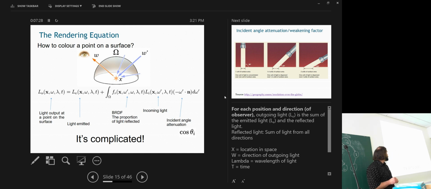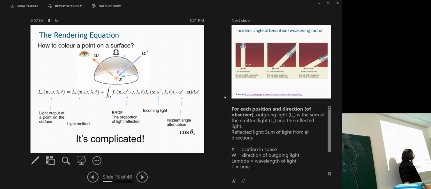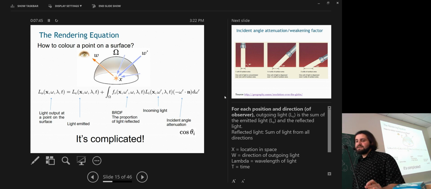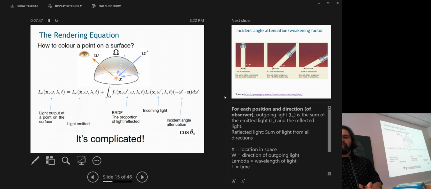That is a combination of emission plus the amount of light that is reflected to this direction from the incident light, and also a factor to control the weakening due to the angle. But this is the ideal, theoretical case, where everything is under control.